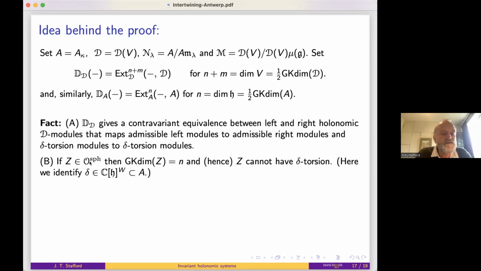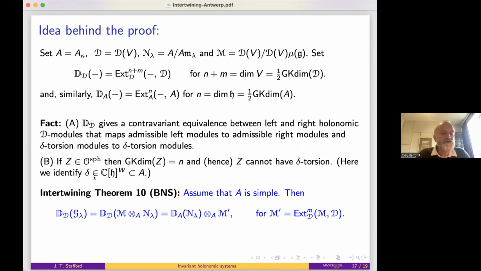As soon as something is in O spherical, it has the minimum possible GK dimension. If I tried factoring out a power of delta, I'd have to drop the GK dimension further, and that's not possible. So this Z cannot have delta torsion. And again, I'm thinking there of delta as lying inside A.